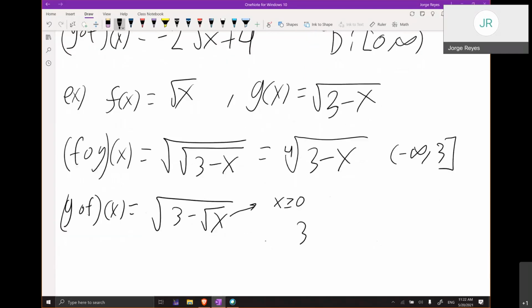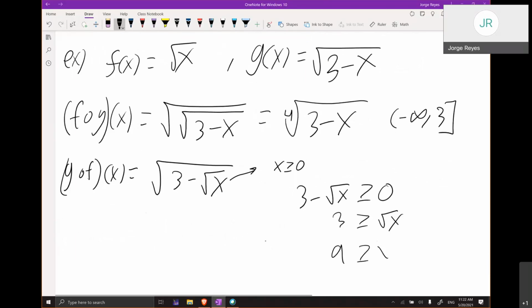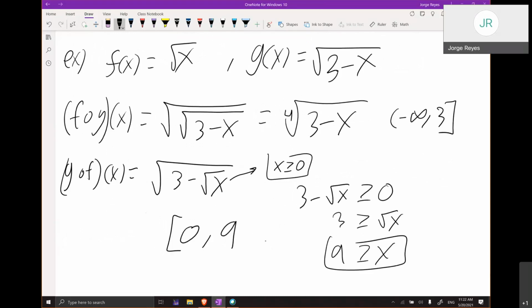But then you also have to solve this thing. So 3 greater than or equal to square root x, which gives 9. So x has to be less than or equal to 9. Then you combine both of these and get domain 0 to 9.